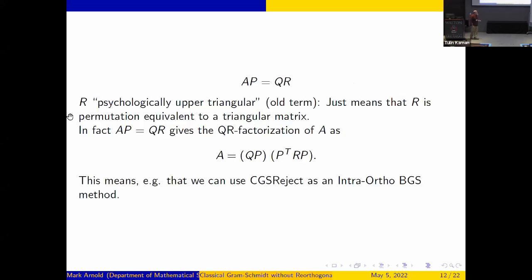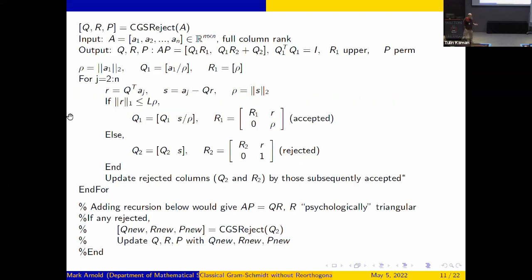And then there was this piece here that I brushed over very quickly. I need to update the rejected columns, the ones in Q2, by those subsequently accepted that were in Q1. So we have a bunch of columns of the original A matrix. I'm replacing them by columns of Q1 or Q2.